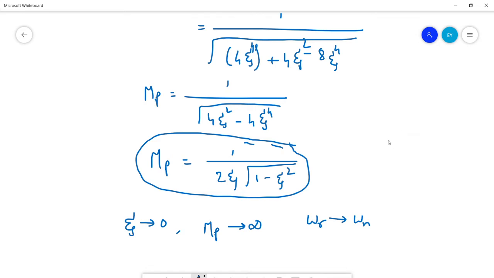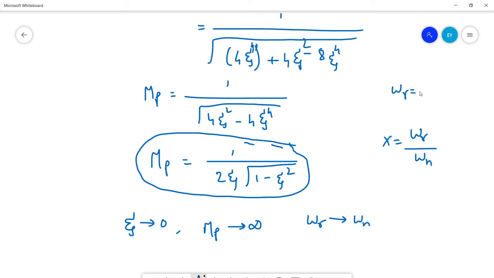Because as we know, x is equal to omega r by omega n, right? From where you got this expression, how do you get omega r?